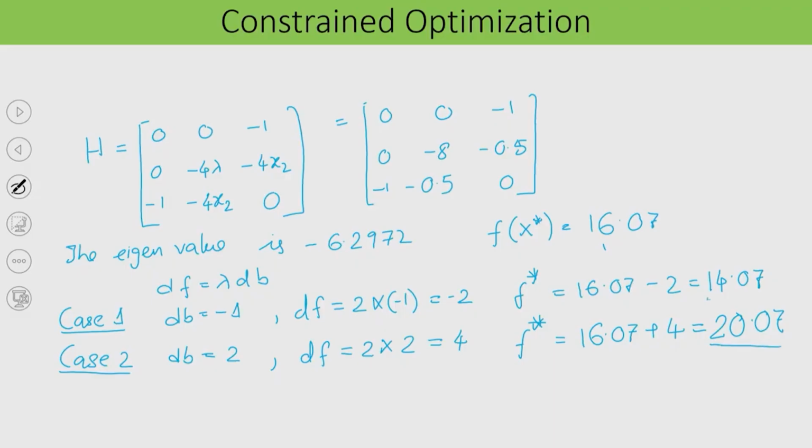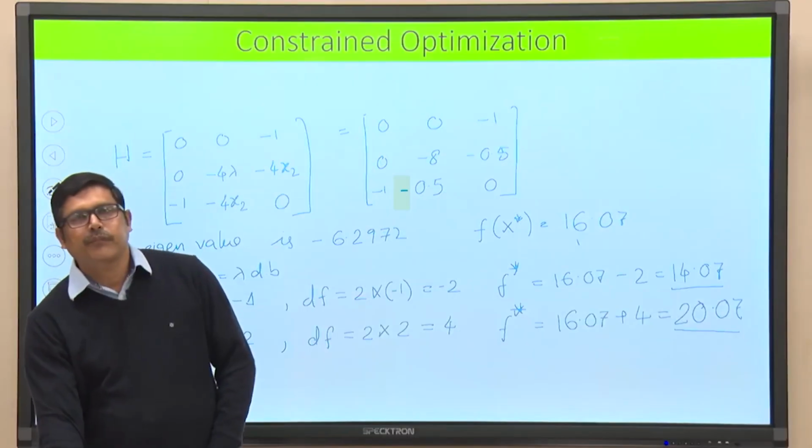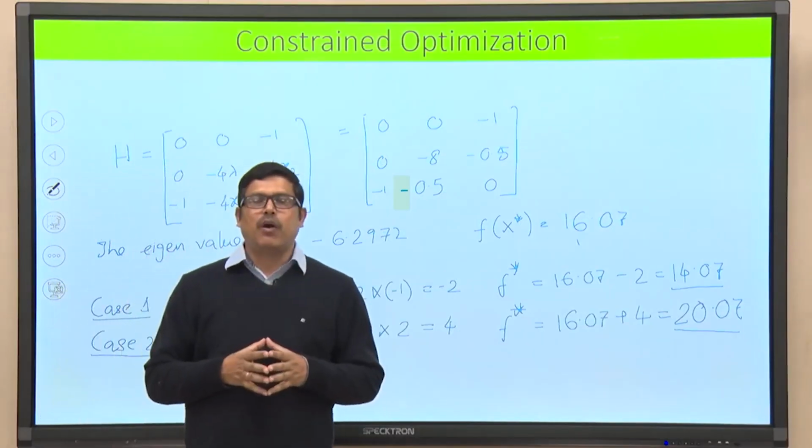If you tighten it, it will reduce, and we get 14.07.